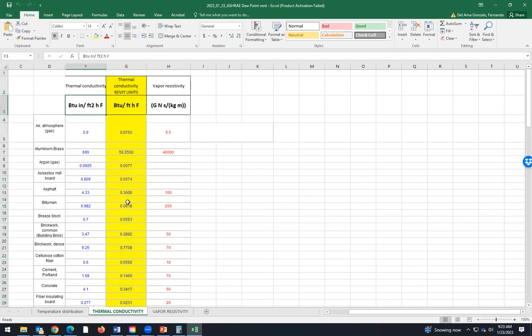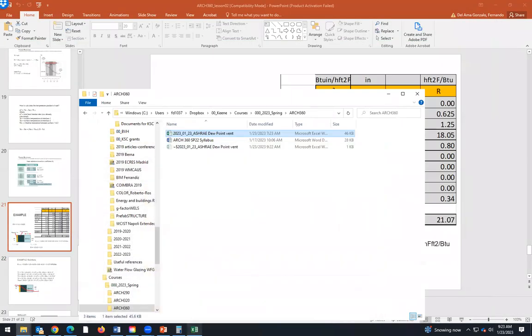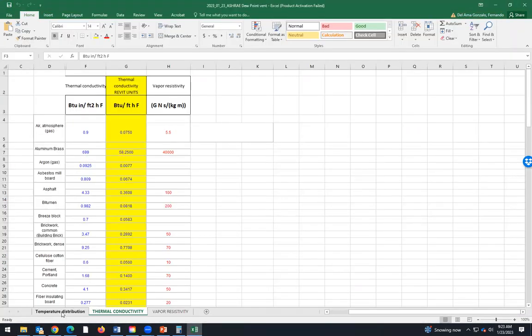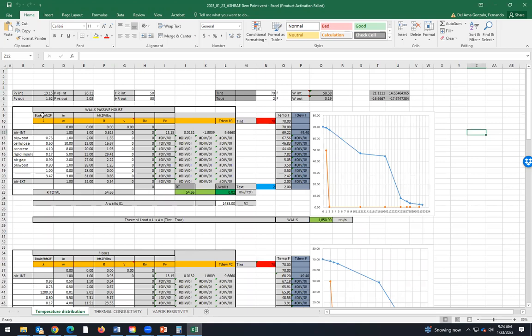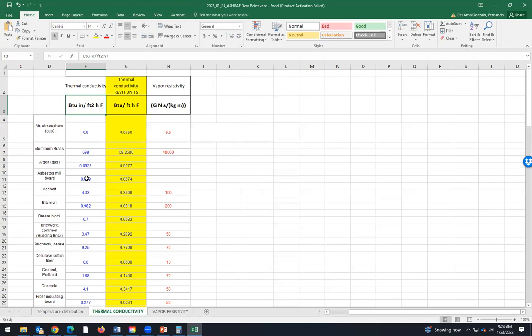So the tool that we are using now in this temperature distribution uses these units, BTU inch, hour, feet square, Fahrenheit. So if we are working with this tool, we have to use these units, these blue values here.